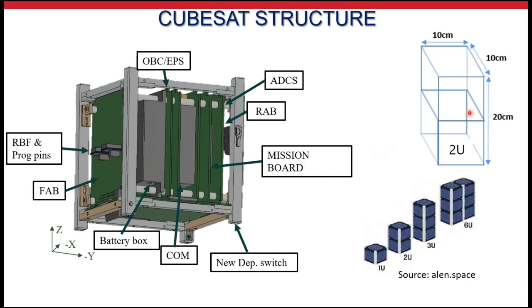A CubeSat is a cubical shaped satellite with dimensions of 10 by 10 by 10 centimeters. For 2U, you are using 10 by 10 by 20 centimeters. For 6U, it will look like this.